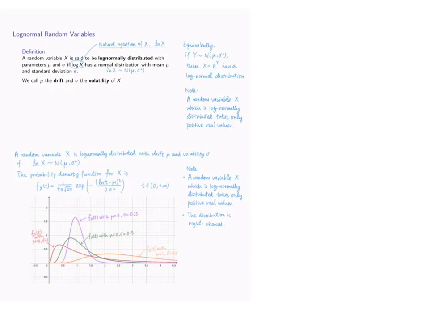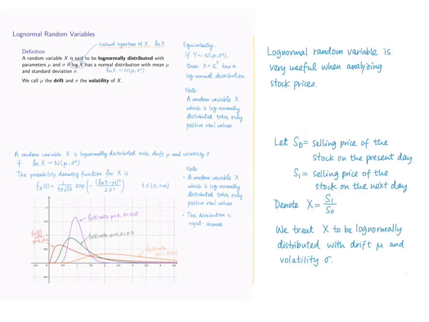It is not good to use normal distribution to model stock price because it has a negative side and stock prices cannot fall below 0. Instead, the log-normal random variable is very useful for analyzing stock prices.